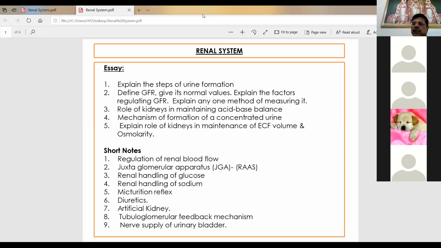Kidneys play a major role in acid-base balance, and they do this by three important mechanisms: by excreting hydrogen ions, by reabsorbing bicarbonate ions, and by forming new bicarbonate ions. A mixture of these three processes helps the kidneys maintain acid-base balance.